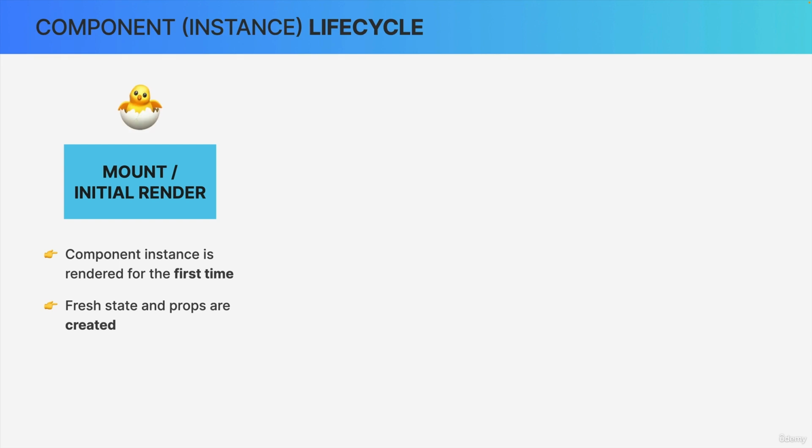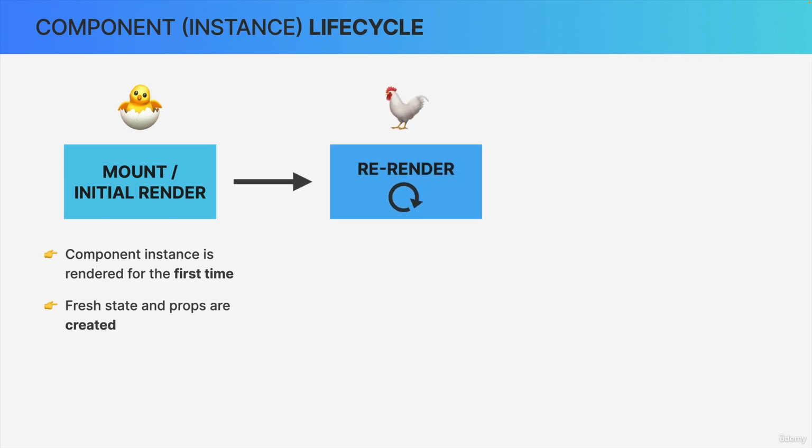Now, once the component has been rendered and is on the screen, it can be re-rendered an unlimited number of times. Now, as we learned in the previous section, a React application is re-rendered whenever there is a state update, right?